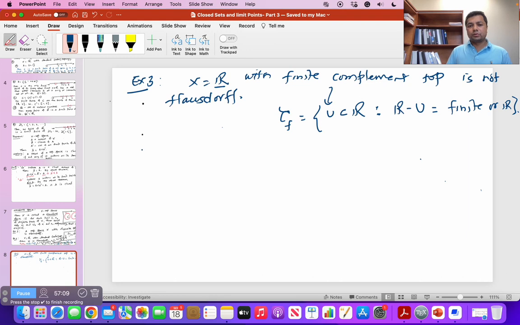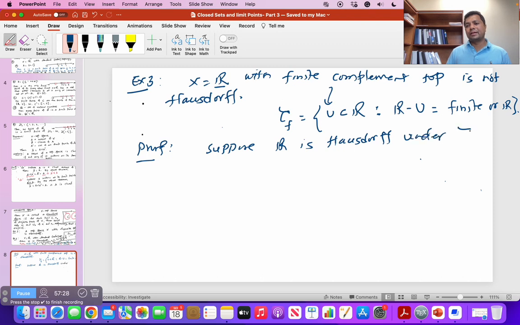So I'm going to give a brief proof of this. Proof. Suppose R is Hausdorff under the finite complement topology.